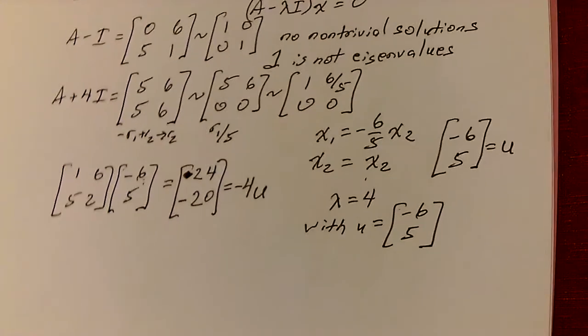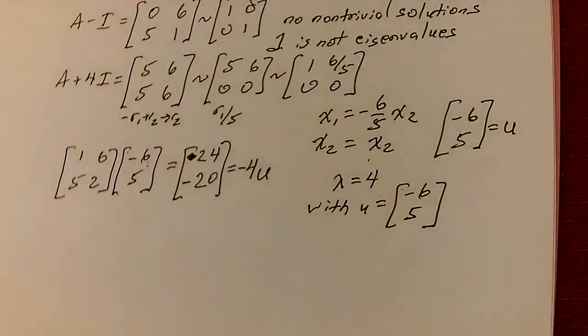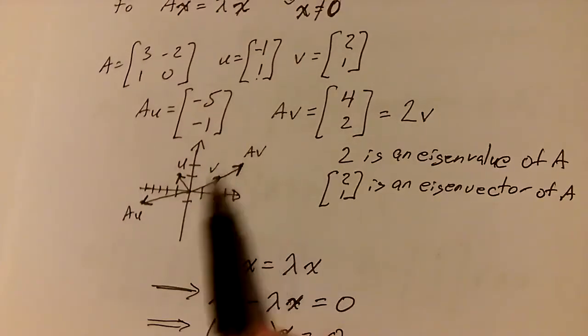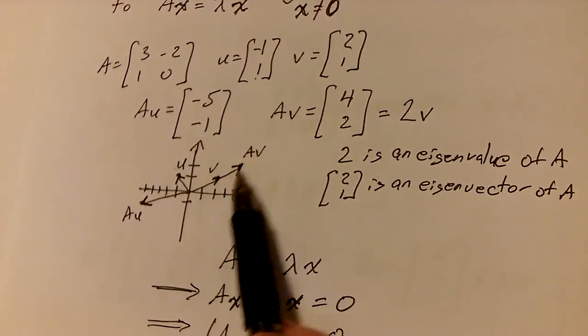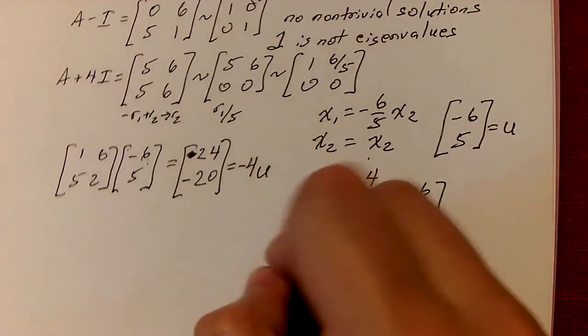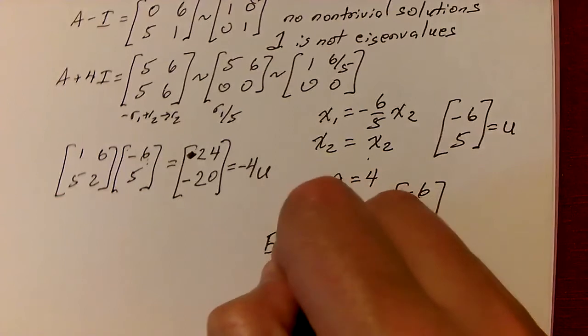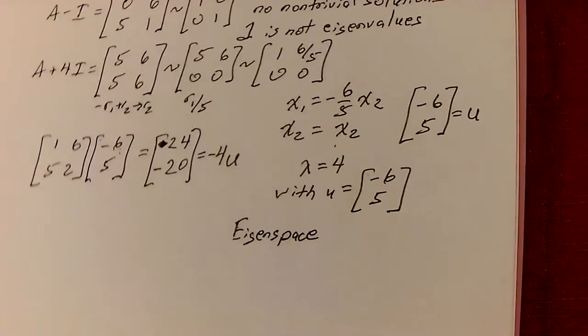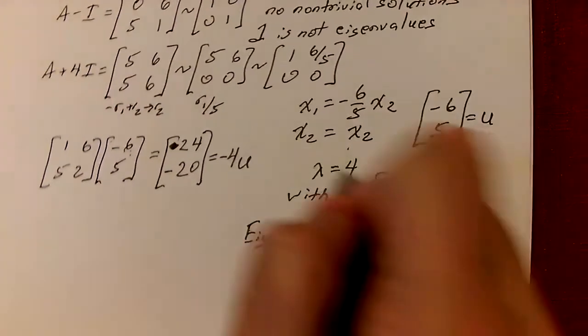Now, if you think back to what the visual of an eigenvector looked like, it was this multiplication. Well, this looks like the span of vector v. So for that reason, we call the eigenvectors an eigenspace. Okay, when I say positive 4, that should be negative 4.